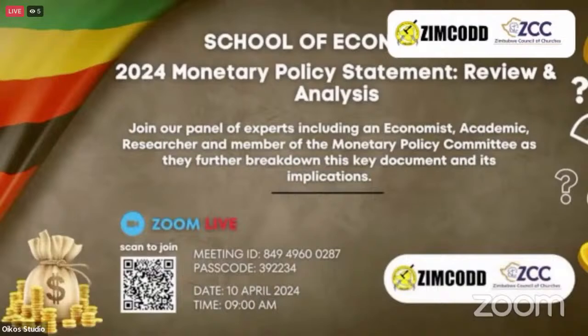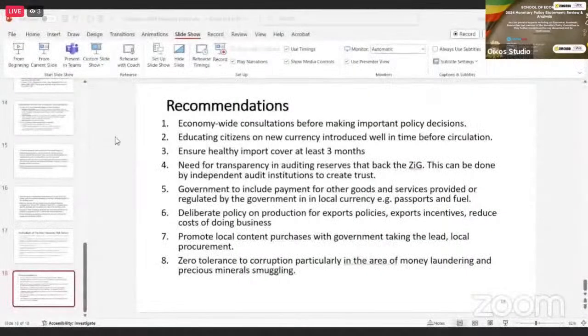So the first thing that we need to highlight is the need to have wider consultations when it comes to policy issues like the current policy where you are introducing a new currency. There is need for wider consultation.